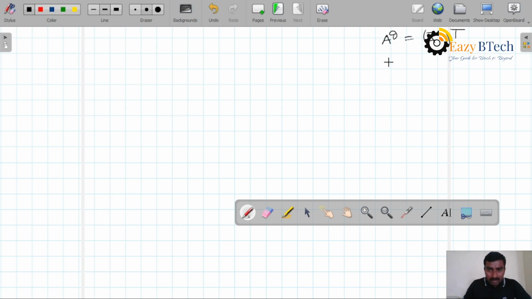Now I want to write A power theta whole transpose, applying transpose on both sides. A power theta whole transpose is A bar transpose whole transpose, which can be written as A bar. That means A power theta whole transpose can be written as A bar.